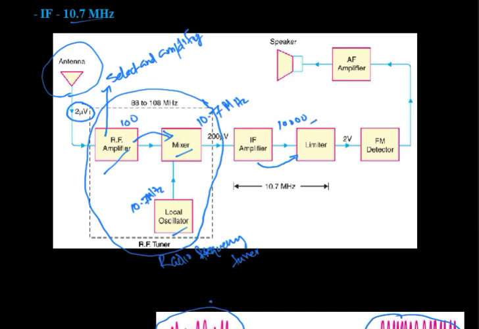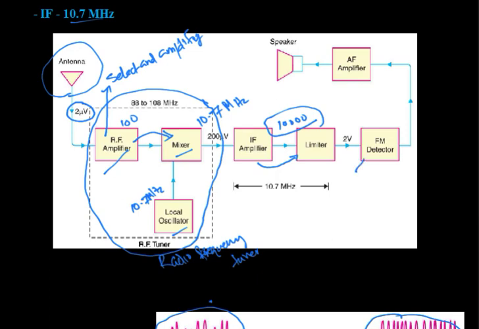So the IF amplifier together with the limiter circuit has an amplification factor of around 10,000. Here it is exactly 10,000, but it is usually very high. And this signal, whose amplitude modulations have been limited by the limiter circuit, is provided to the FM detector.